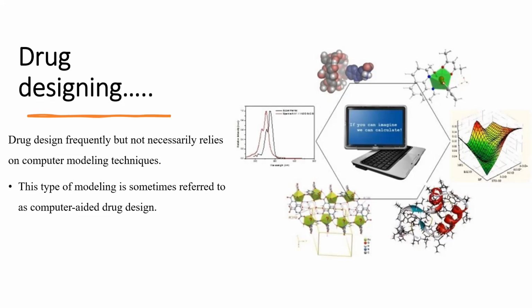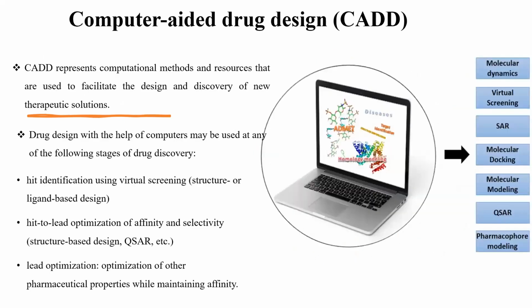You understand? And some computer-based algorithms. So when you make use of these software in designing a drug, that is when you are using computer-aided drug design. Look at the name, computer-aided: the computer assists you in designing a drug. So what is computer-aided drug design, which is called CADD, C-A-D-D?